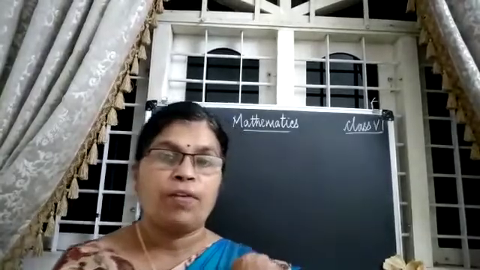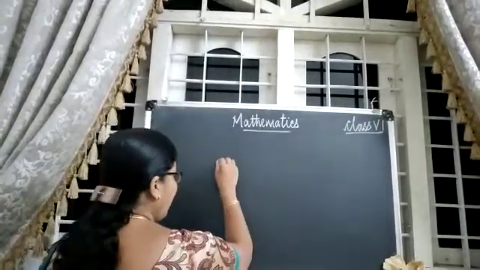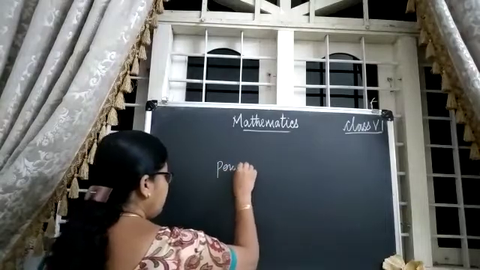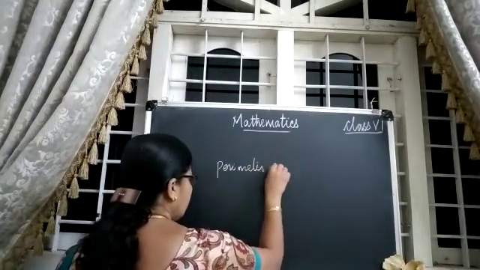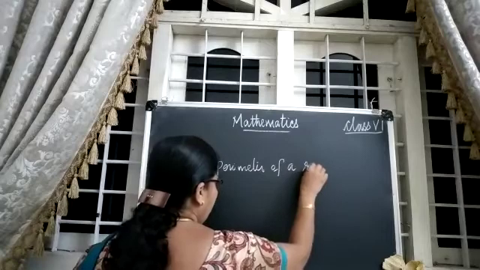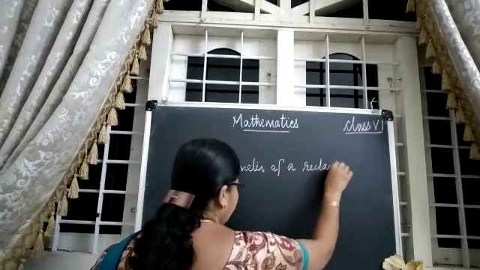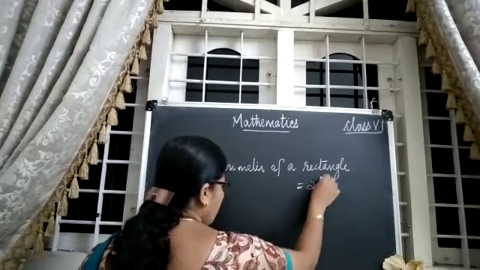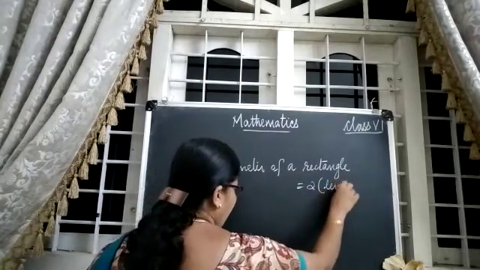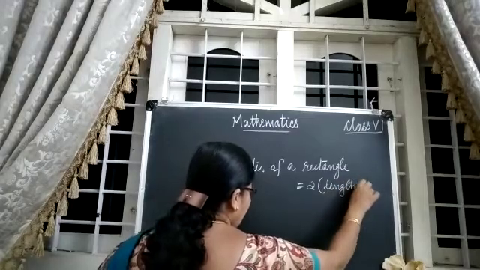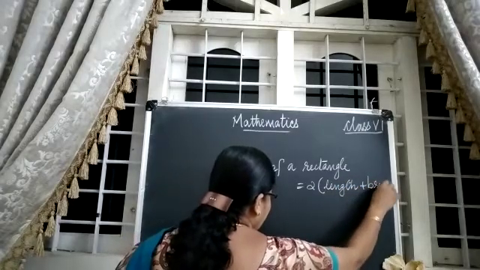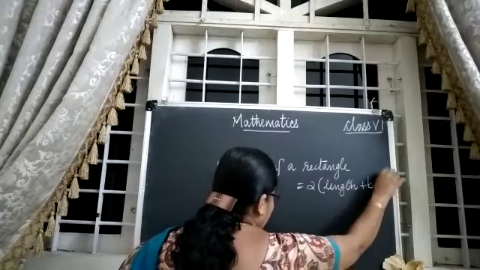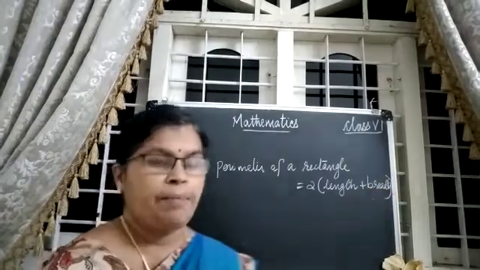What was the perimeter of a rectangle? Perimeter of a rectangle is 2 into length plus breadth.